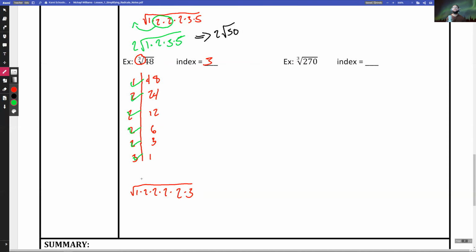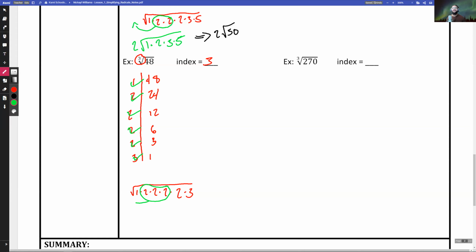All right, and so now, instead of circling two of them, I'm going to circle three of them. The index is three, and so we're looking for triplets, not pairs. So three: one, two, three. I see a group of three here. That's what we have.